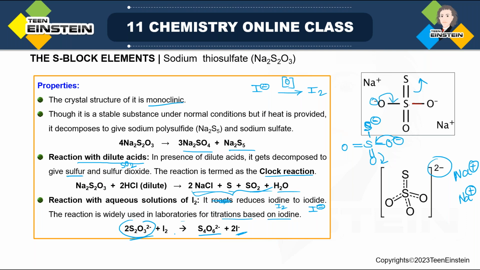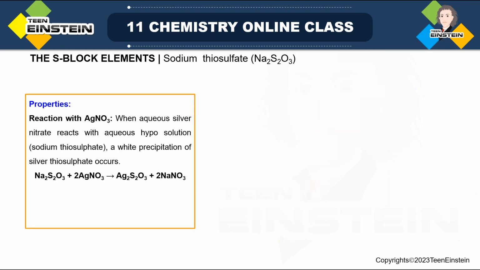That is the ratio. S2O3 2 negative is converted to S4O6 2 negative and 2I minus. So these are the properties. Some more properties we'll also see.